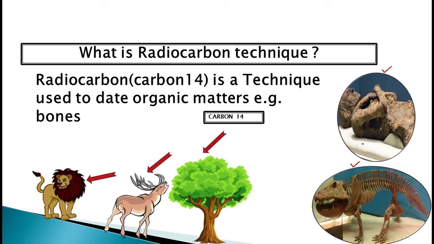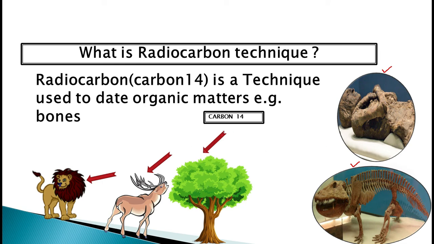Dear students, they come to know the age of organisms through a technique which we call the radiocarbon technique. Now what is the radiocarbon technique? Radiocarbon is a technique used to date organic matter, for example bone. Let's try to understand this with the help of this diagram.